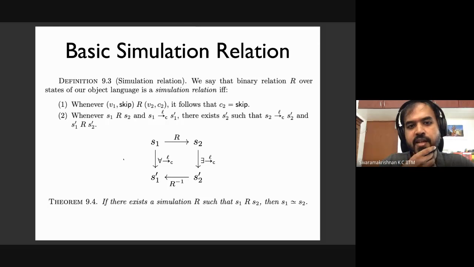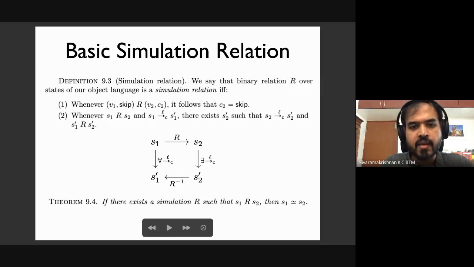This is what we had seen in the simulation relation, where we said for every state in the original program, you think about this R as relating the original program and the compiled, optimized program. So for every transition that you take in the original program, if you can take a step with the label L, then you can take the same step in the optimized program as well, right?